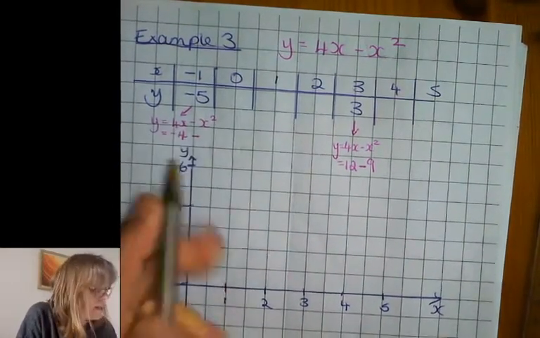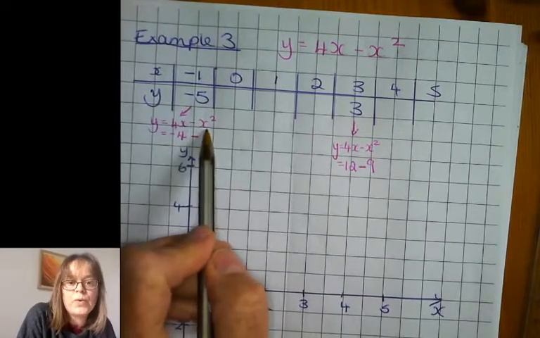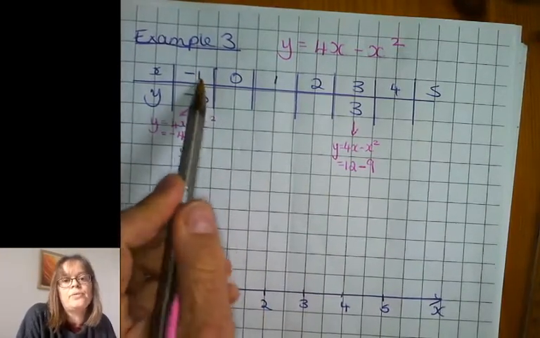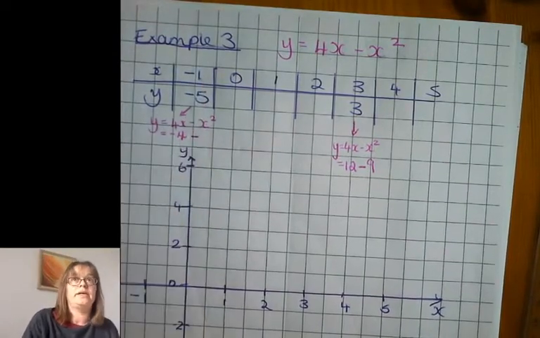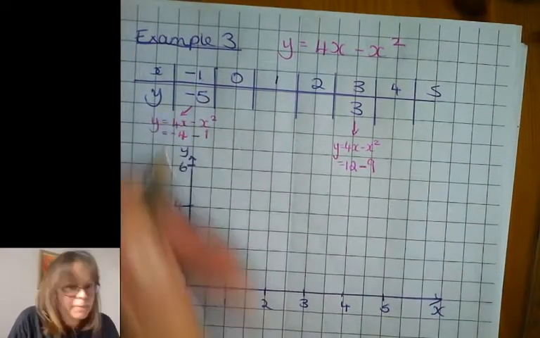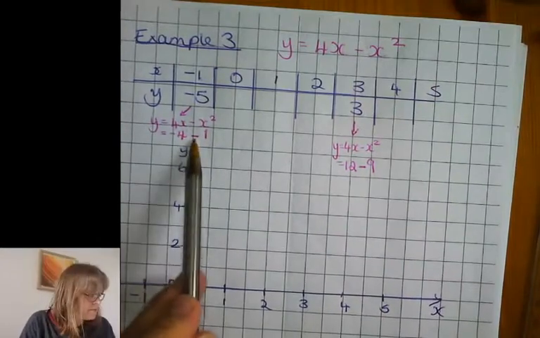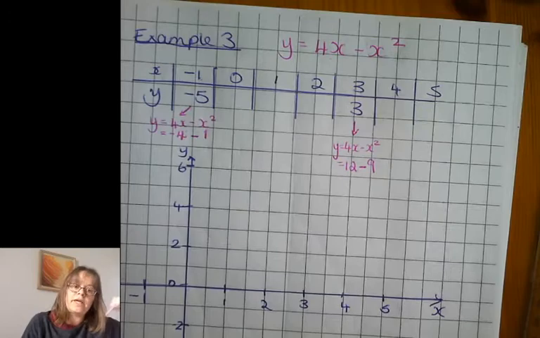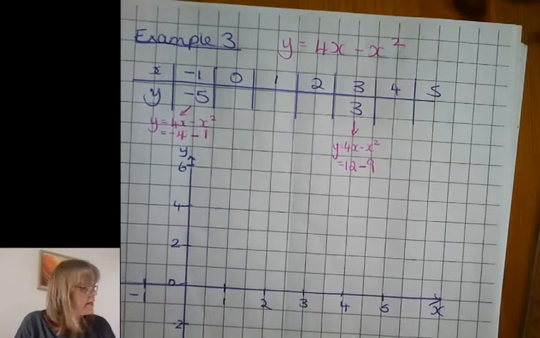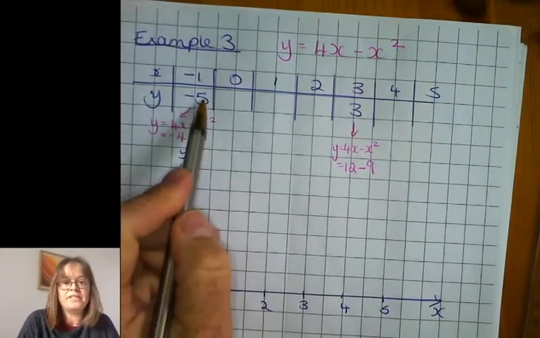And I'm going to take away whatever I get when I square my x number. So what do I get when I square -1? -1 times -1 I think gives me +1. So my calculation that I need to do is -4, take away another 1. Think of a number line, think of -4, taking away goes that way. So -4 minus 1 more gives me -5.